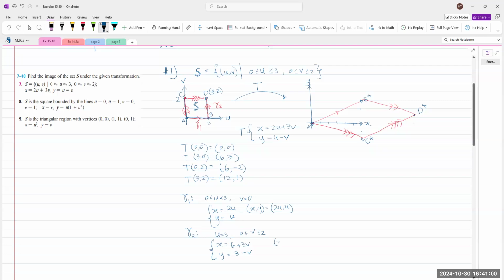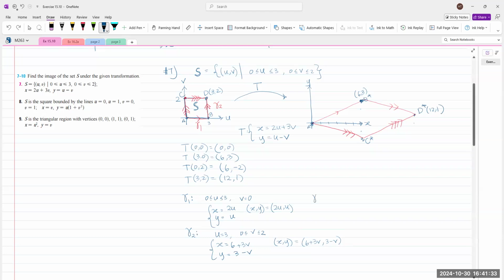So you see the coordinates are parameterized by 6 plus 3v, 3 minus v, where v is from 0 to 2. When v equals 0, we get (6, 3). And when v equals 2, we get (12, 1). And you can see this is the parameterization of a line segment.